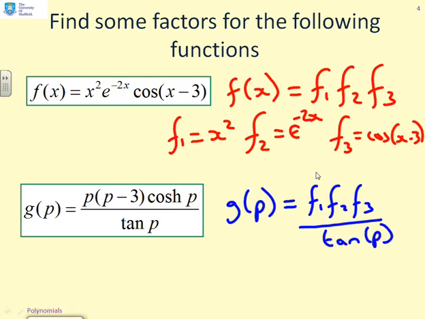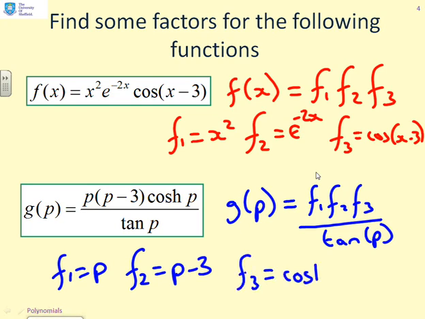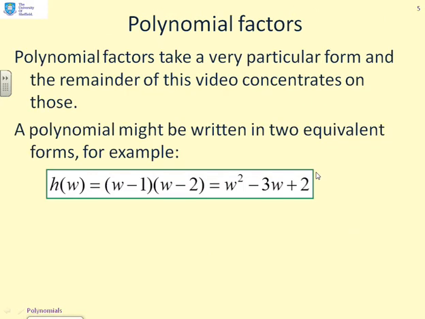Now I'm not going to discuss the denominator term because that's a complication we can do without, but you'll see the numerator can be written as the product of three factors. We've got a factor f1 equals p, a factor f2 equals p minus 3, and a factor f3 equals cos p. So I hope by now the students got the point. If you can construct a function as a product of different other functions, those other functions are factors.